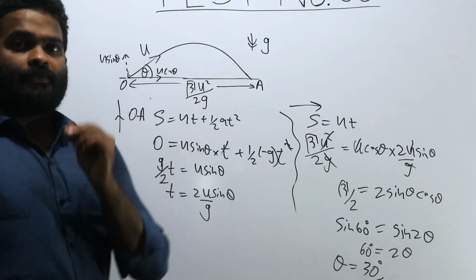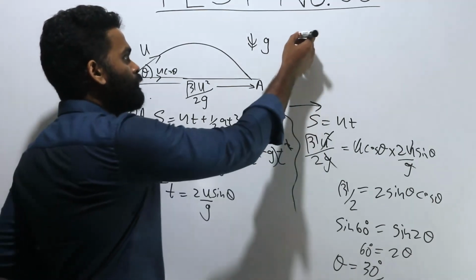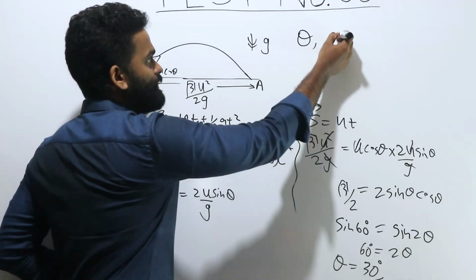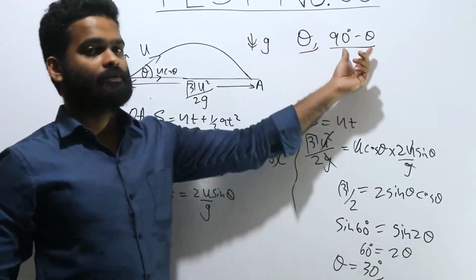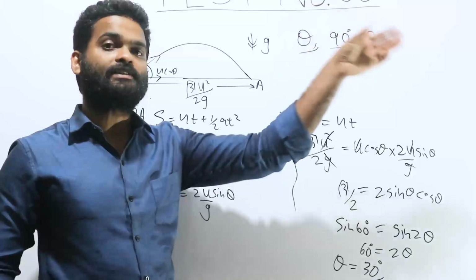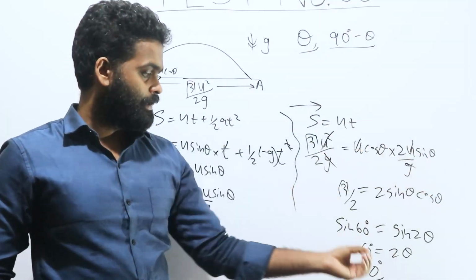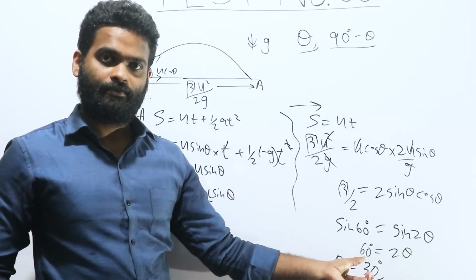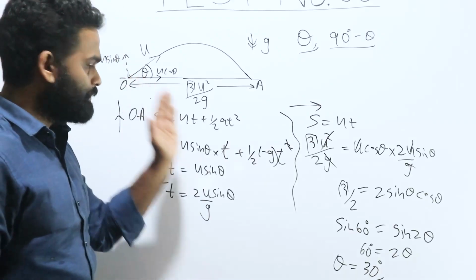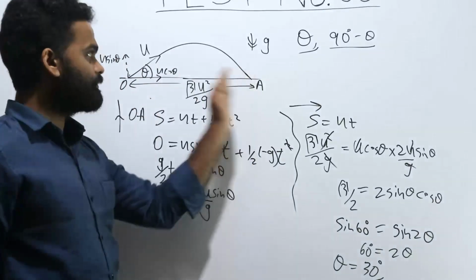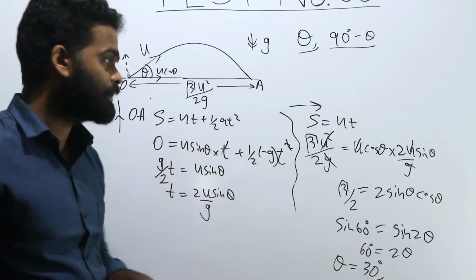But the thing is, do you remember, for theta and 90 minus theta, in both situations we will have the same horizontal range. The answer we got here is 30 degrees for theta, meaning that for this horizontal range to happen, both of these angles are true.